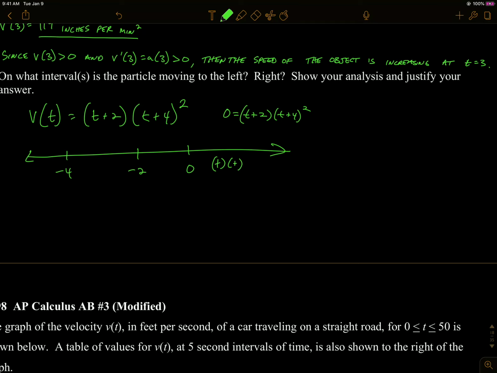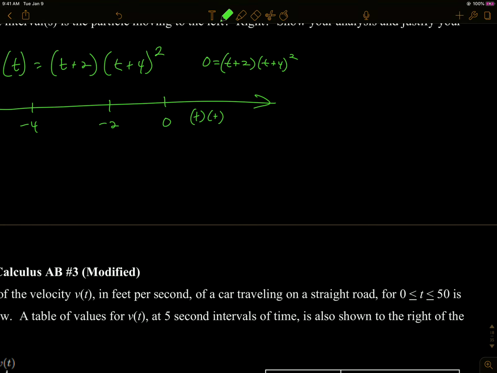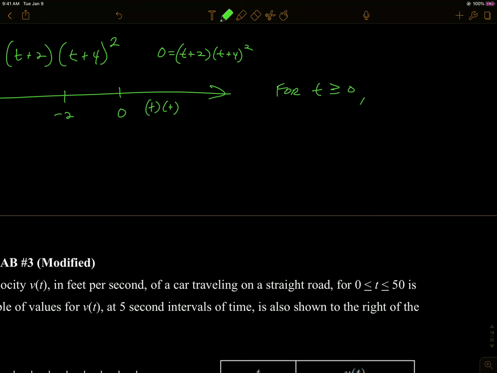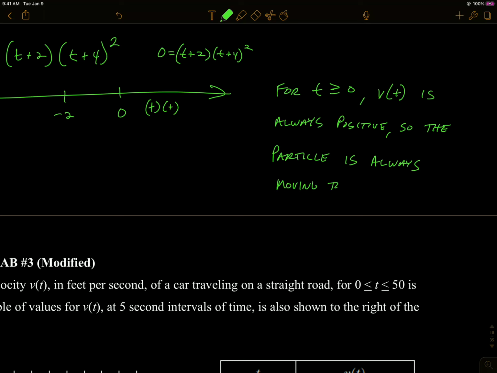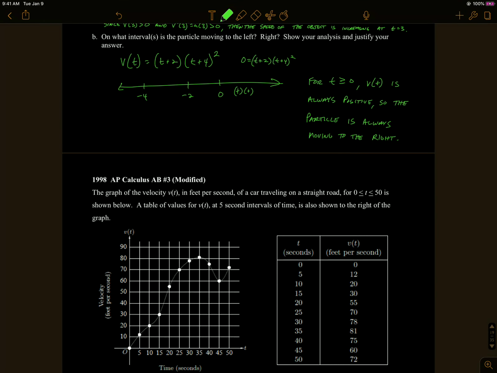So that means that on the interval t bigger than or equal to 0, the velocity is always positive. So the particle is always moving to the right. And that'll do it for our notes.